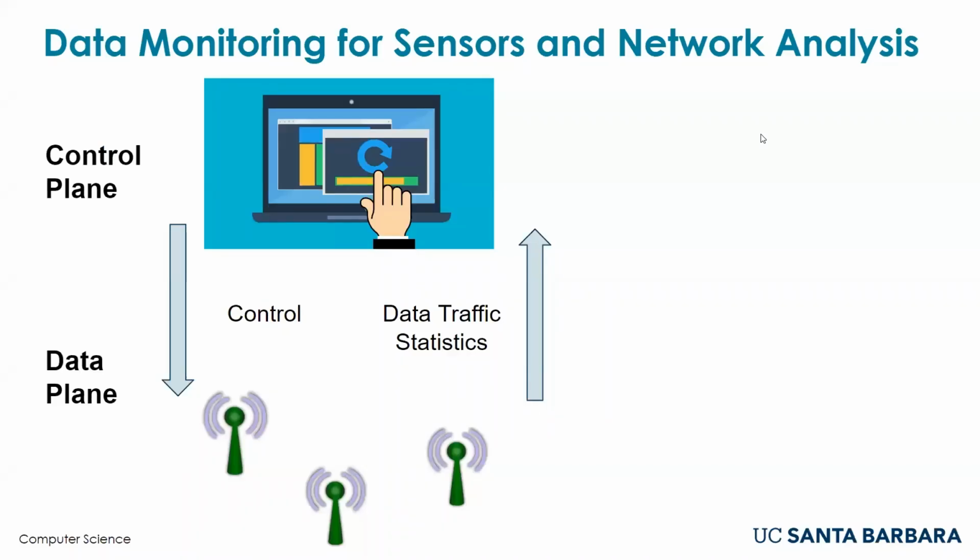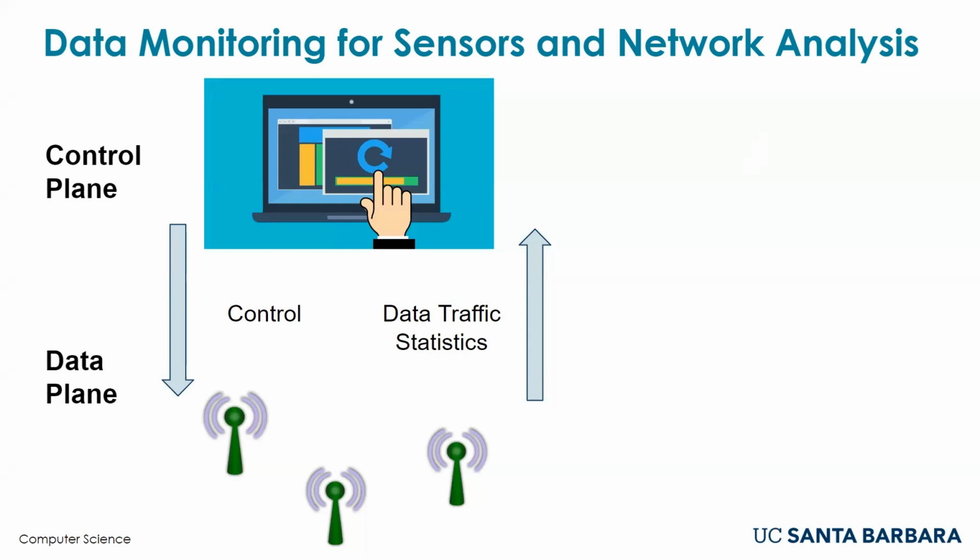In the sensor and network system context, often we can split the whole system into data plane and control plane. Data plane is responsible for processing all the data, and control plane decides how data should be processed. Periodically, hardware in data plane will send traffic information to the control plane.